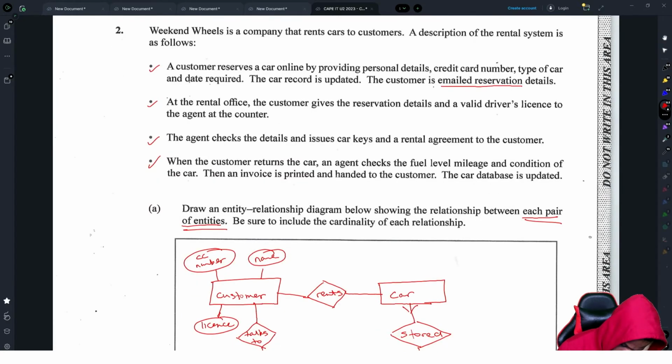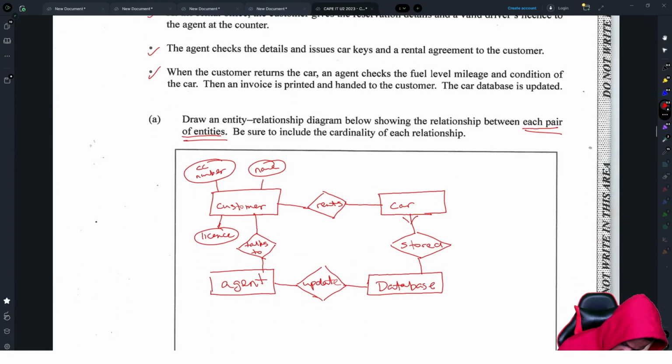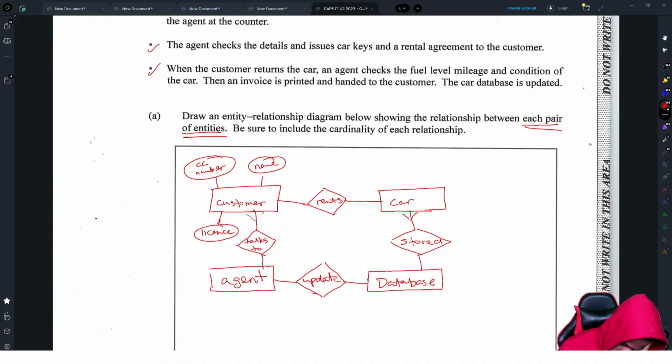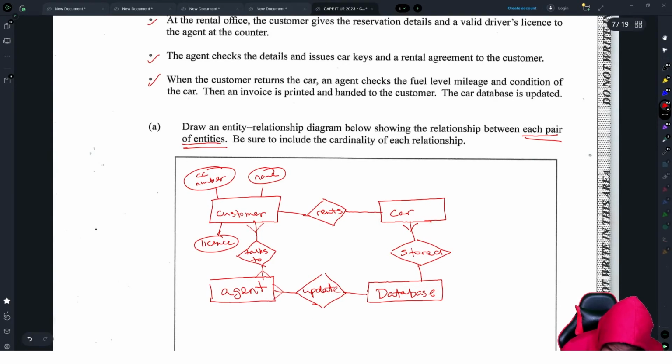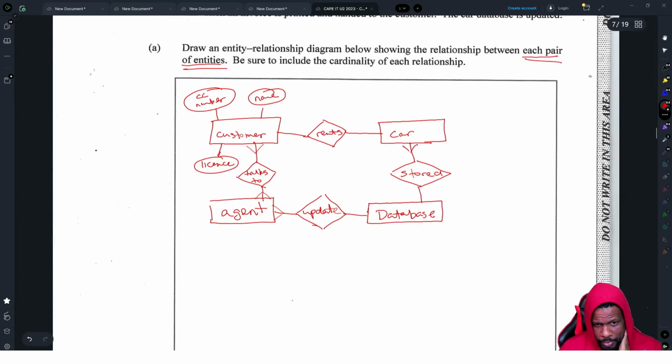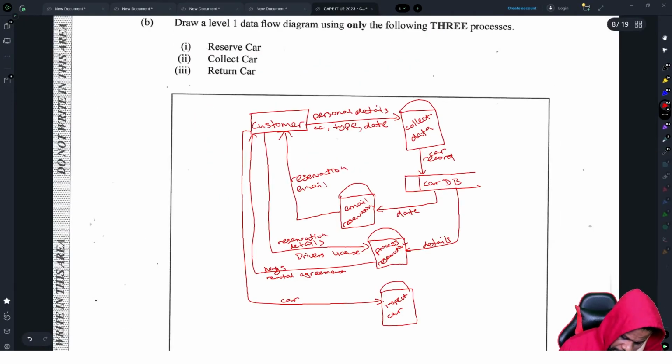Okay, so many customers talk to, I'll put the many. Many just makes more sense. Many customers talk to many agents who update the one database. Alright, if you do that, I promise you more than 6 marks, probably more.